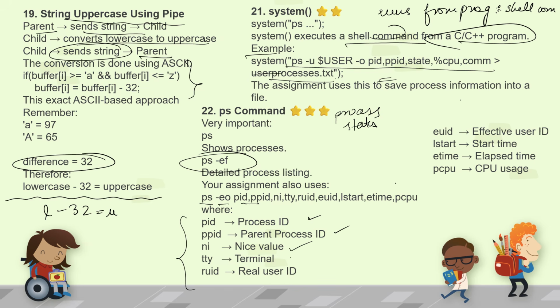Then there's nice value, terminal, real user ID, effective user ID, start time, elapsed time, CPU usage. You should know each of them in detail. So basically, the system command is like your remote control for a computer. It sends the command straight to the terminal.